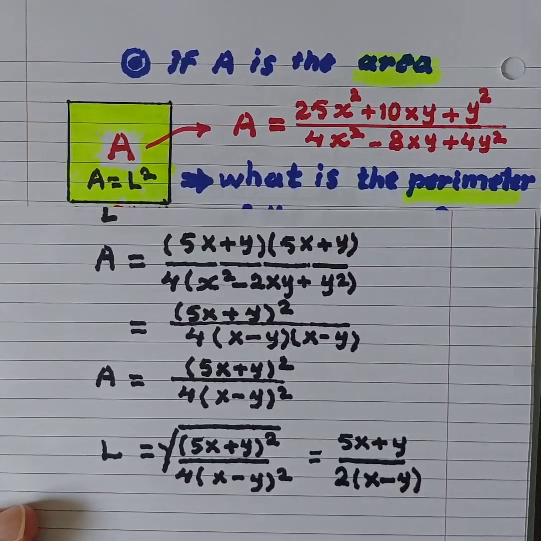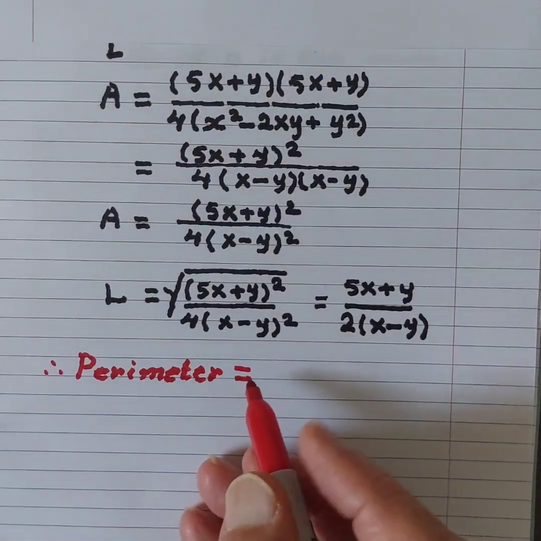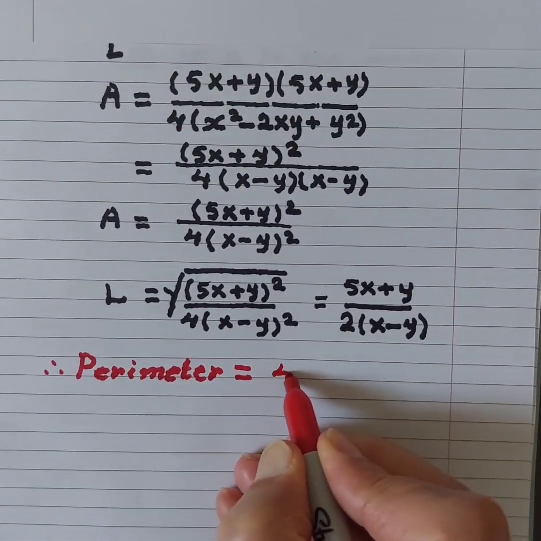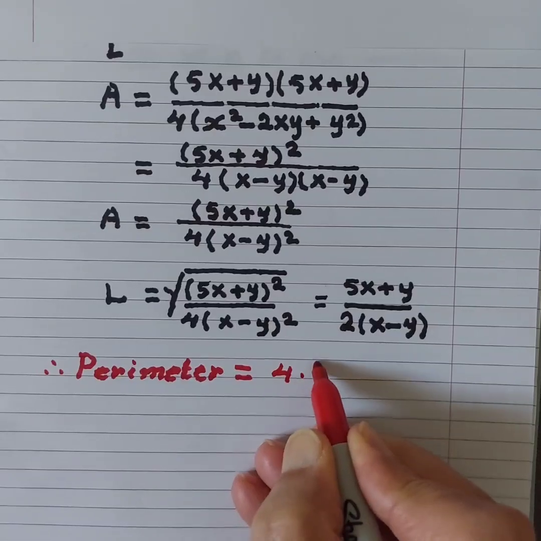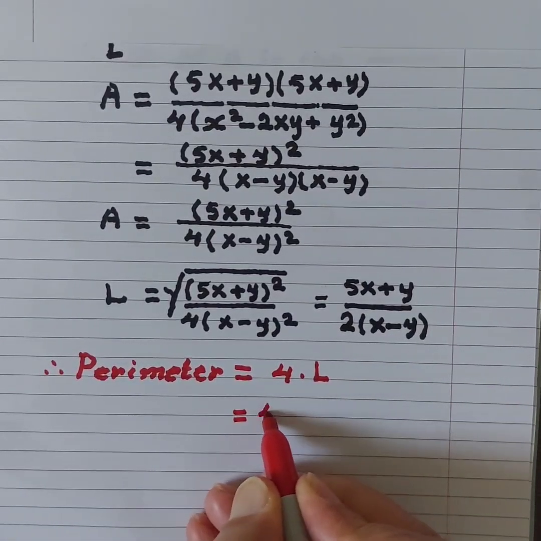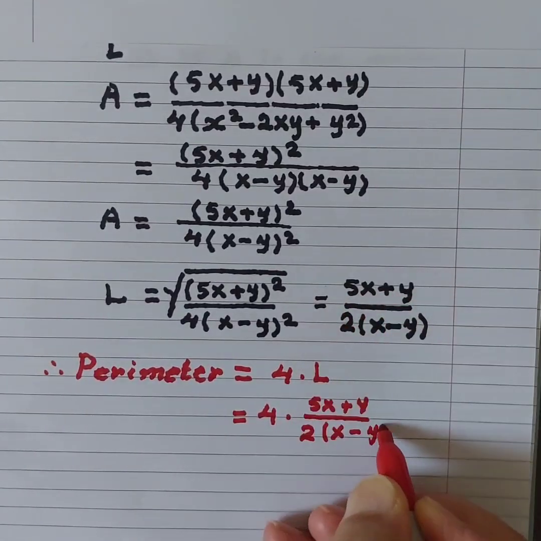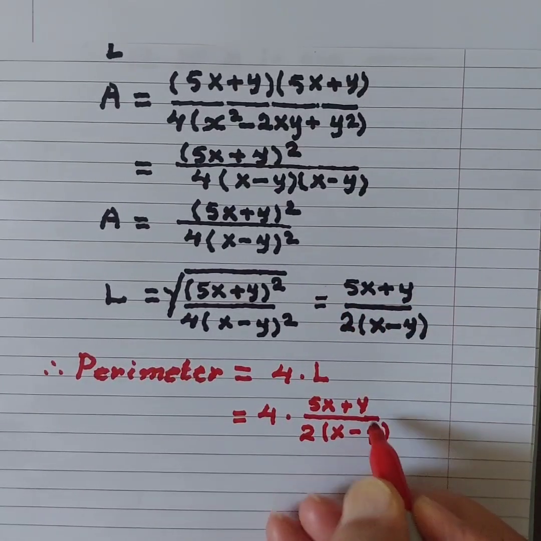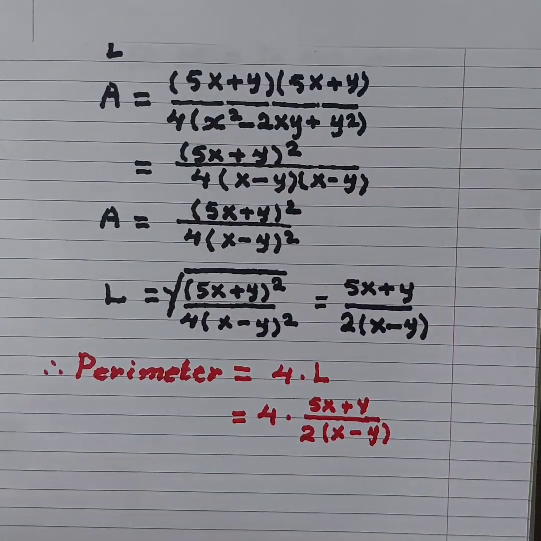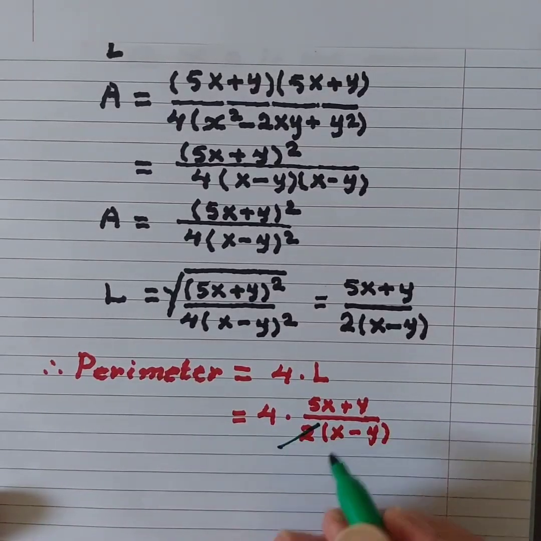So what's the perimeter? The perimeter, which is 4 times L, will be 4 times this L here. Is there any cancellation? Yes, we can cancel the 2 here with the 2 here.